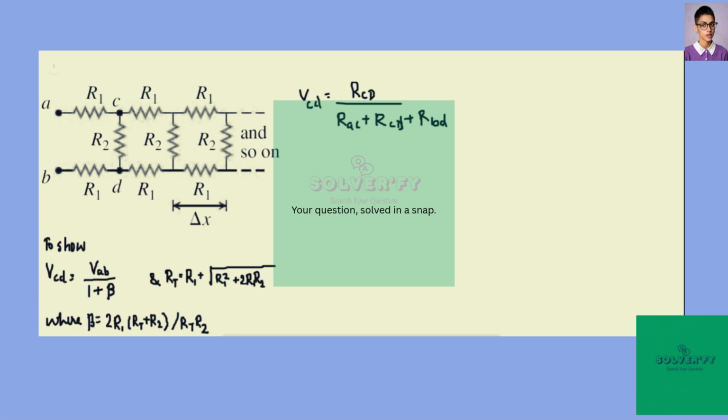Remember that as a small d. Since they are in series, the potential gets divided proportionally, so this much into the total voltage, that is VAB. Now what is RCD? So the resistance across CD is actually R2 parallel RT.